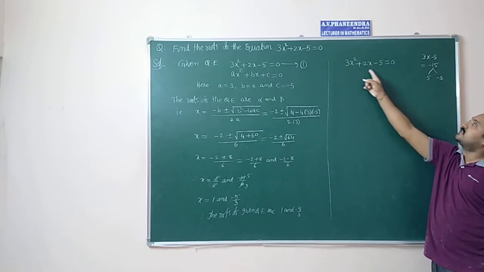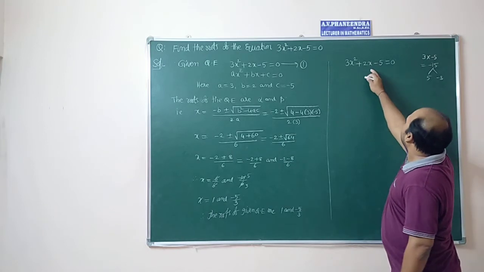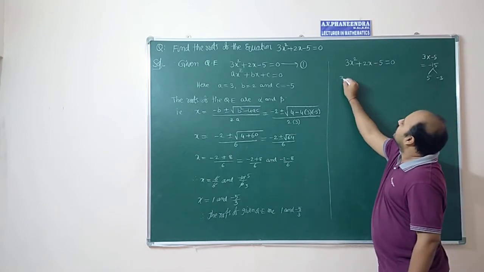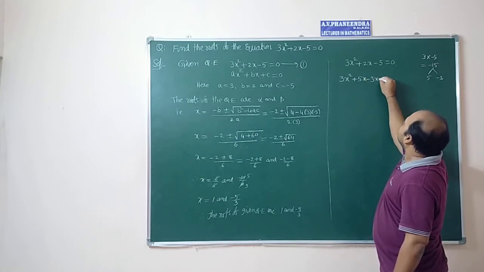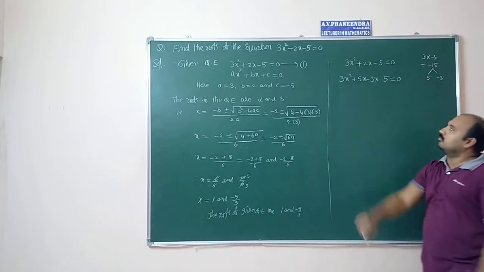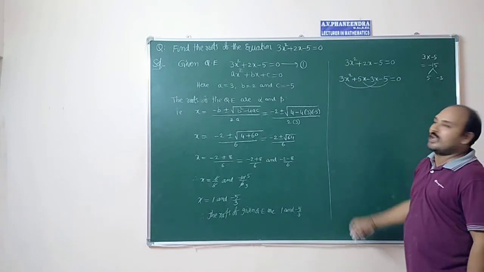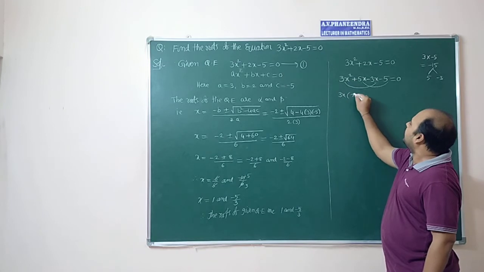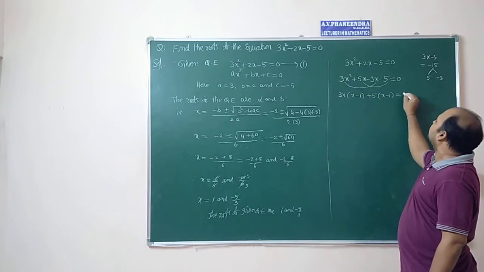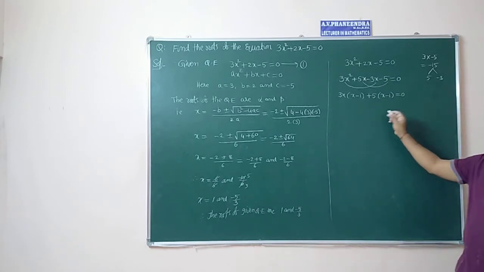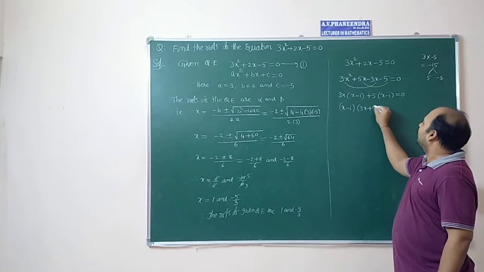The product of these two is equal to minus 15. So we can express 2x as 5x minus 3x. 3x square plus 5x minus 3x minus 5 equal to 0. From the first two terms take 3x common, from the last two take 5 common. So 3x into x minus 1 plus 5 into x minus 1 is equal to 0. Take x minus 1 common: x minus 1 into 3x plus 5.